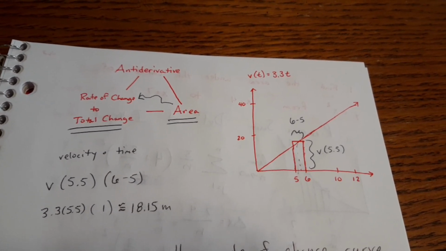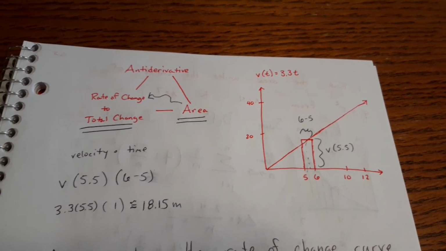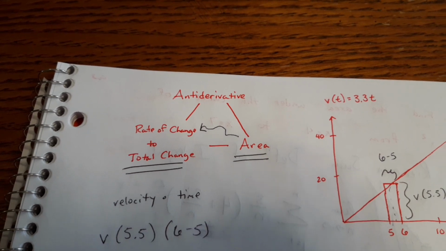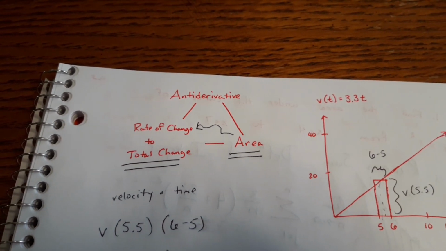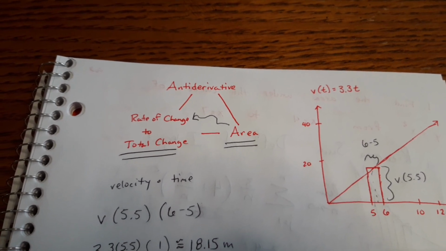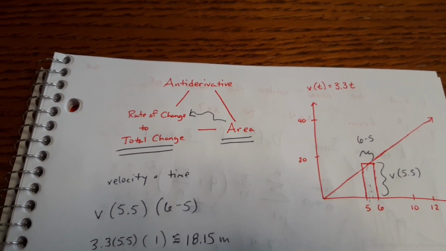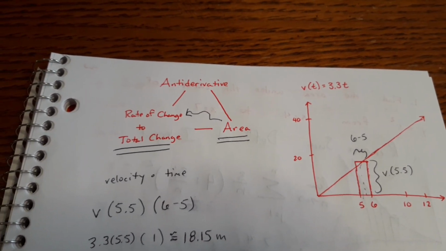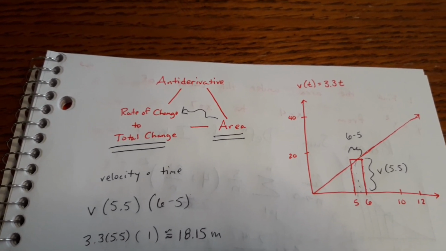And so when we're looking at those bottom two pieces of our triangle, to find a total change, it's the same thing as finding the area under the rate of change curve. So under the derivative curve gives you the total change. So the area equals the total change under the rate of change curve.